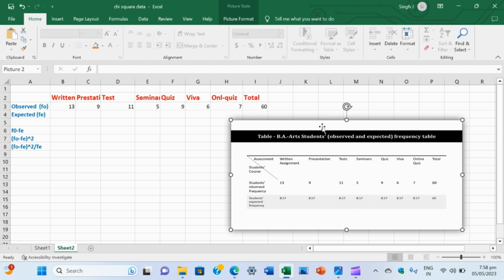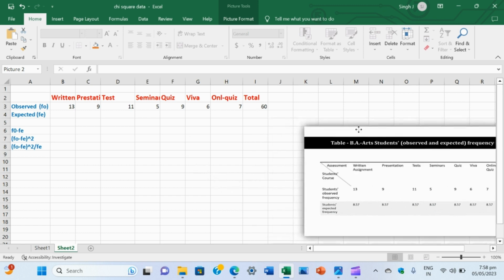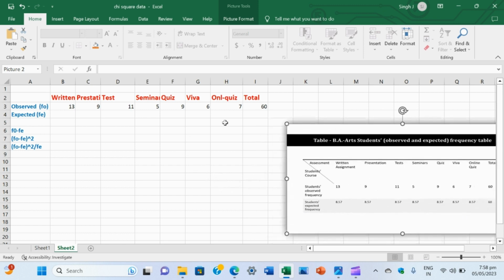If the question is whether there is a difference in their likeness, whether they are equally distributed or not, we use the chi-square test, and with the help of Excel, I will show you how to find its value.